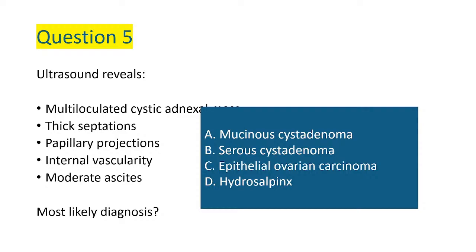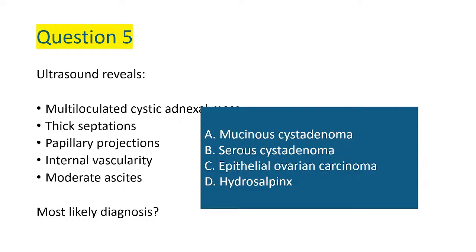What is the most likely diagnosis? A. Mucinous cystadenoma. B. Serous cystadenoma. C. Epithelial ovarian carcinoma. D. Hydrosalpinx. So which one is the most likely diagnosis?